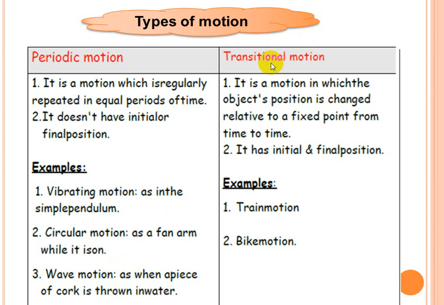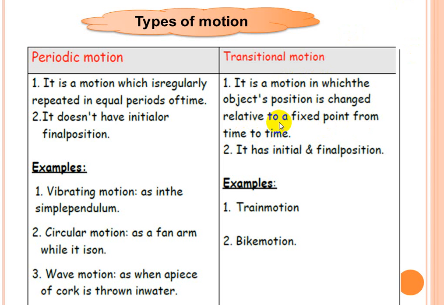The transitional motion is an ordinary motion. The train's motion, the car's motion, your motion is called transitional motion. It's a transferring motion. It's a motion in which the object's position is changed relative to a fixed point from time to time.